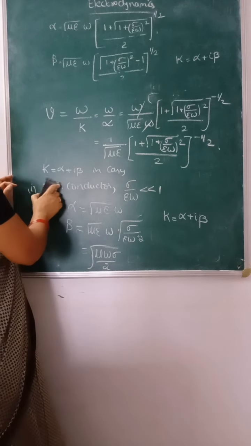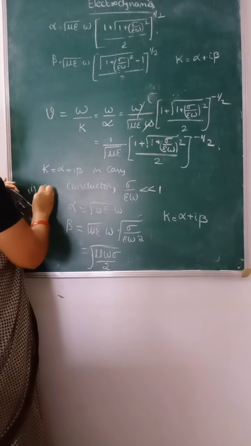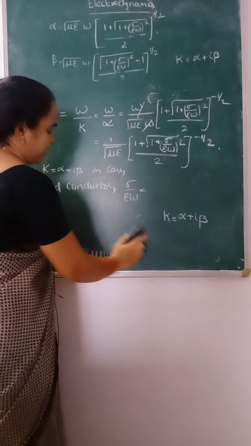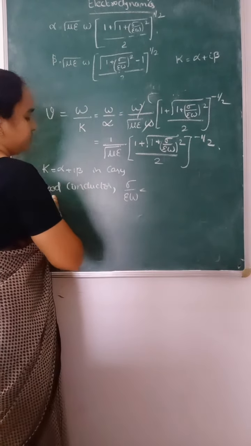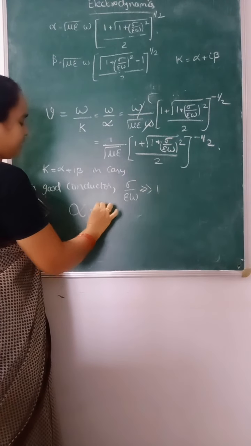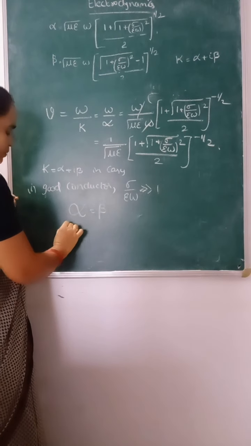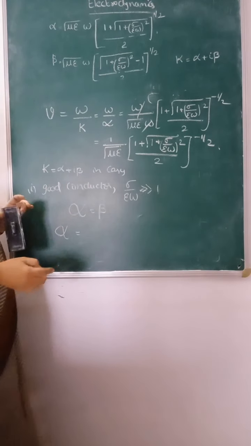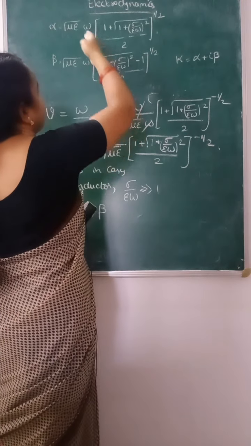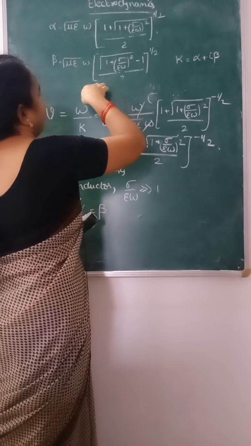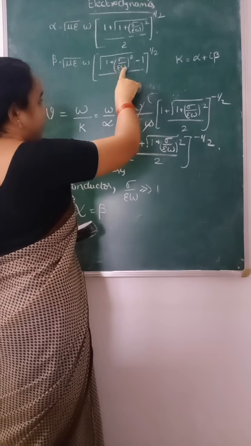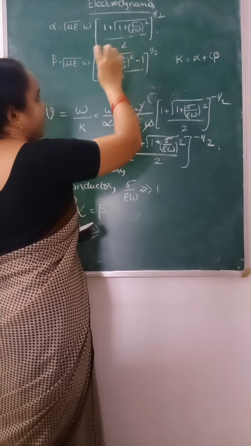Similarly, for the good conductors, this value is very much greater than 1, and such that alpha and beta are very near values. So we should consider alpha. Let us take this value. Since alpha and beta are equal in the case of a good conductor, sigma by epsilon omega is very much greater than 1. We have taken this term only.